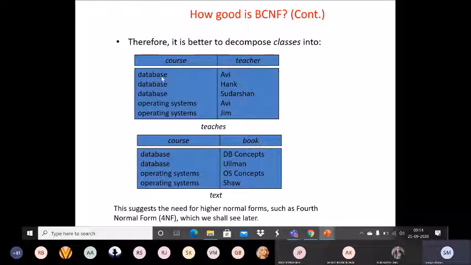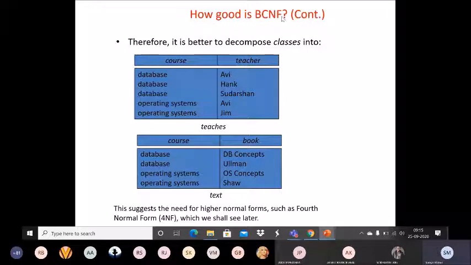For a particular value, say database, I will get two or three teachers' names. So for a particular value, I am getting multiple values. This is known as multi-valued dependency.